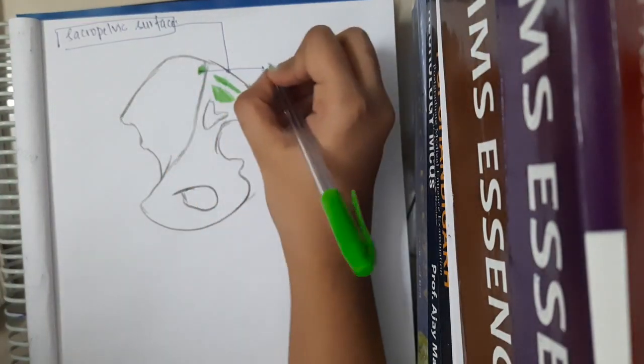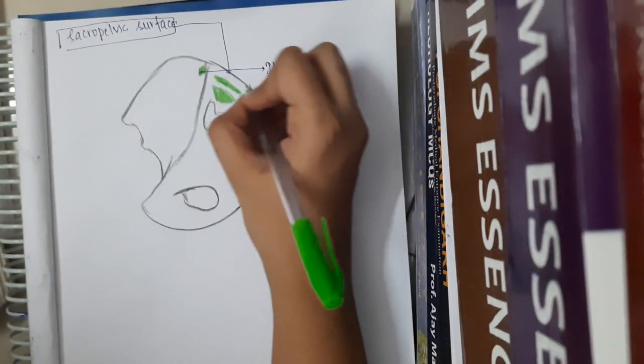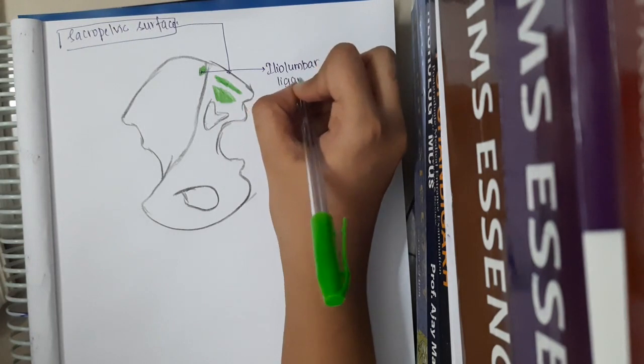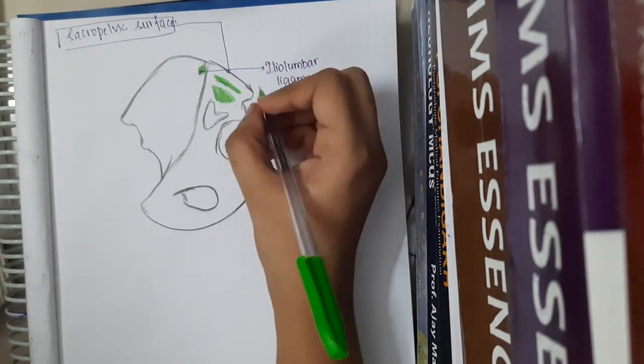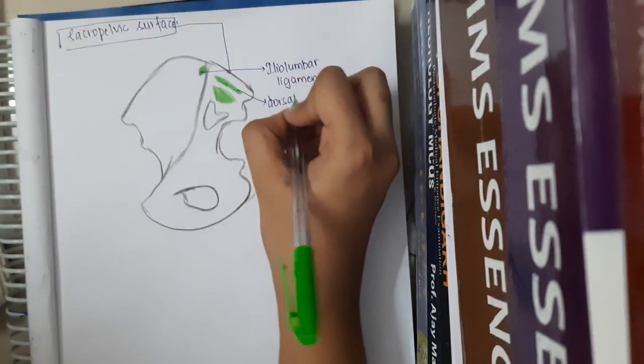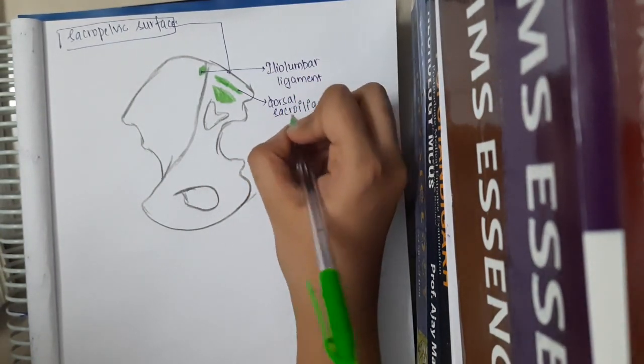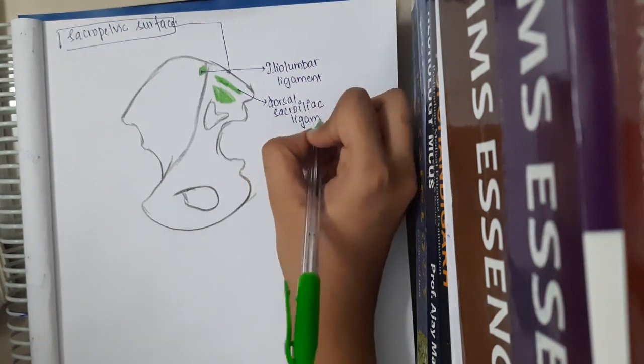Okay, let me label them. It gives attachment to three ligaments. One, iliolumbar ligament. Then we have dorsal sacroiliac ligament.